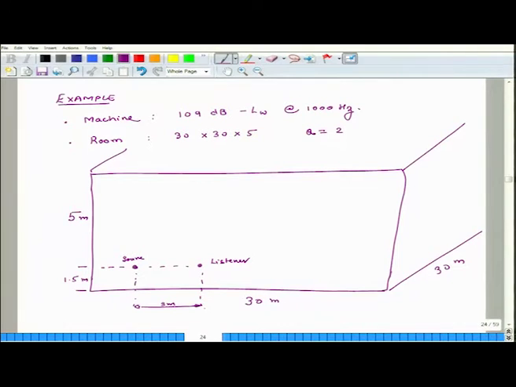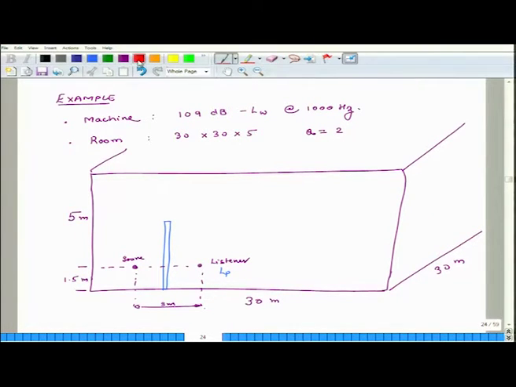So, the question is, if I introduce a barrier, what will be the sound pressure level, and if I do not have the barrier, what will be the sound pressure level at this location. Okay. So, to know that, I have to give some details of the barrier also.